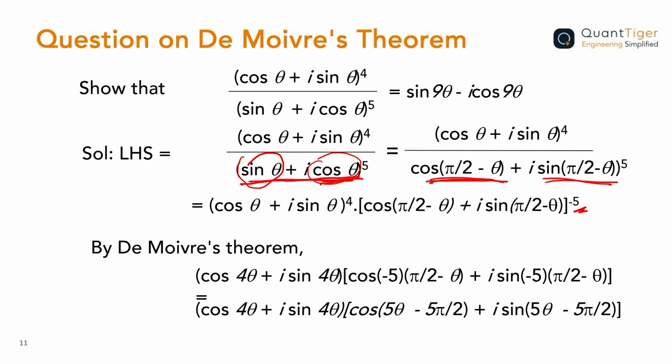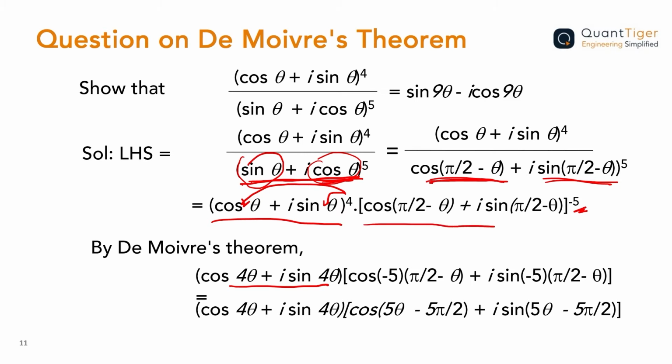Here the first bracket has power 4, so I have applied de Moivre's theorem. The power comes in front of the angle. So it became cos 4 theta plus i sin 4 theta after applying de Moivre's theorem.